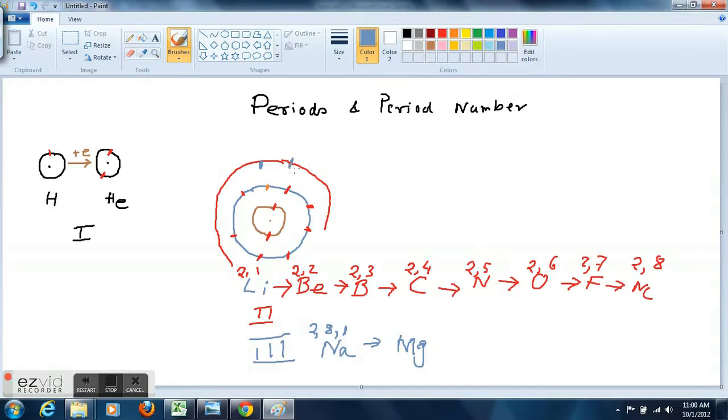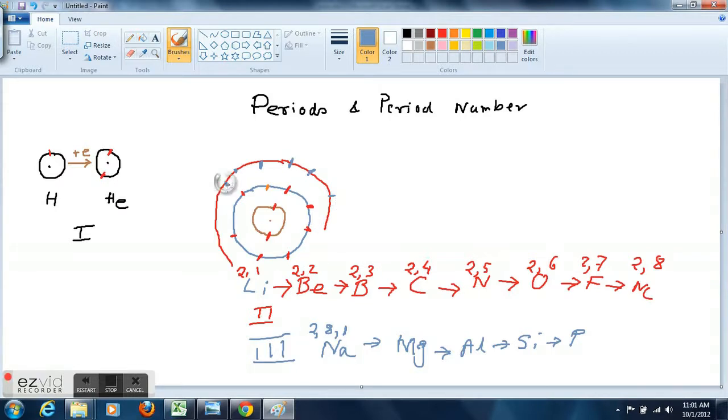When you add one more electron, we get the third element in this period, which is aluminium, with configuration 2, 8, 3. We add one more electron to the outermost shell, we get silicon, Si, which is 2, 8, 4. We add one more electron, we get phosphorus, 2, 8, 5.